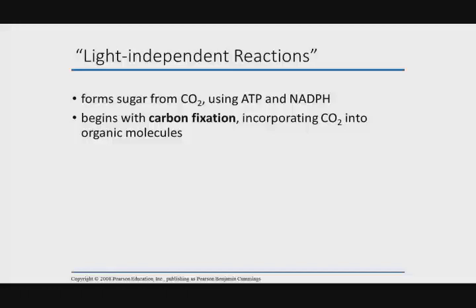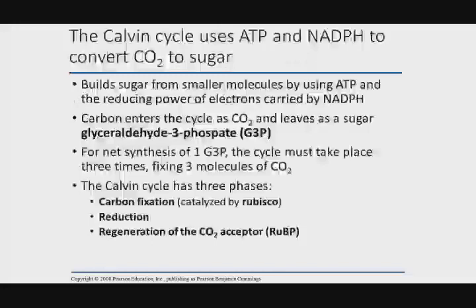This is called carbon fixation, and it's basically incorporating the inorganic CO2 from the atmosphere into organic sugars. Right? So it's expensive. It takes a lot of ATP and a lot of NADPH, and we're just going to look at a summary of the dark reactions in this course.